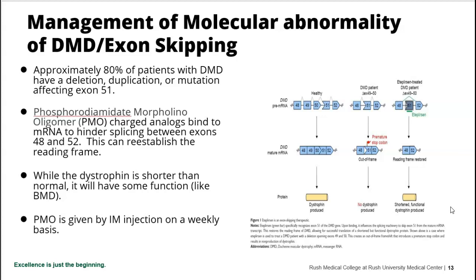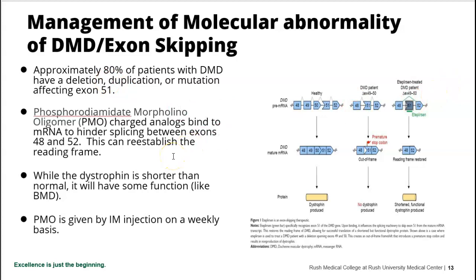And it might, like I said, turn a Duchenne's to a Becker's, but you'll still have some activity. Now, the caveat to this is that if you're going to use this particular thing, the gene mutation must involve exon 51.